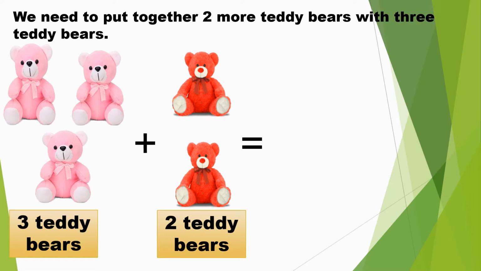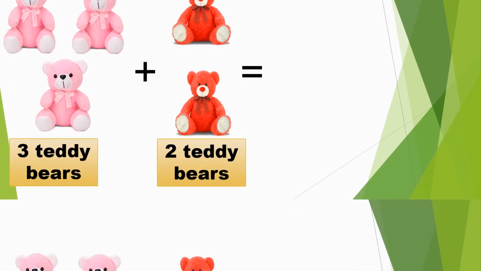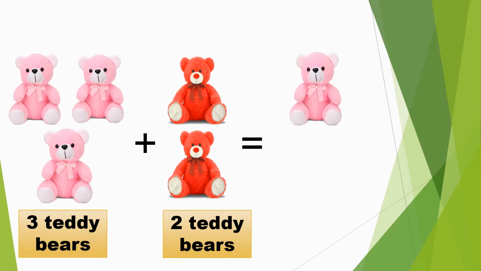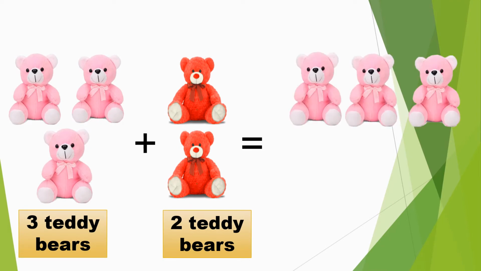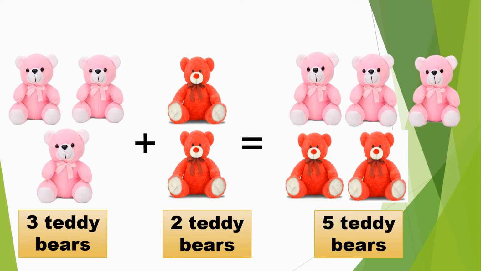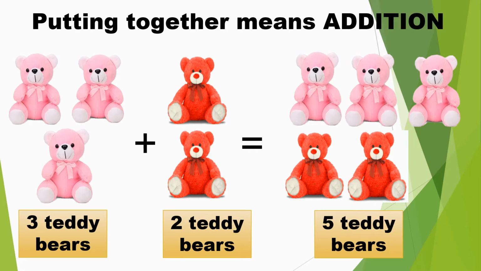So I will write the answer over here. 1, 2, 3, 4, 5. 5 teddy bears. So when I put together 3 teddy bears with 2 teddy bears, I get 5 teddy bears. So when I add 3 teddy bears with 2 teddy bears, I get 5 teddy bears. Putting together means addition.